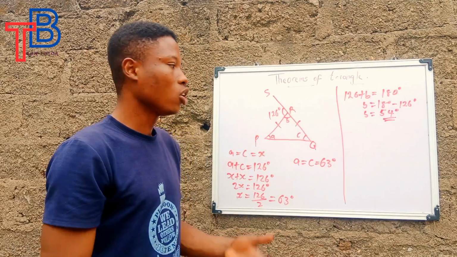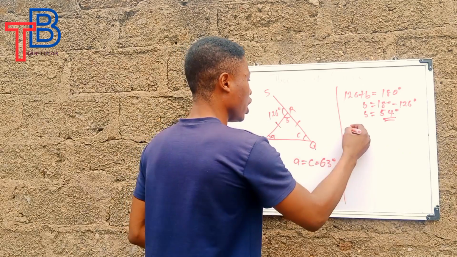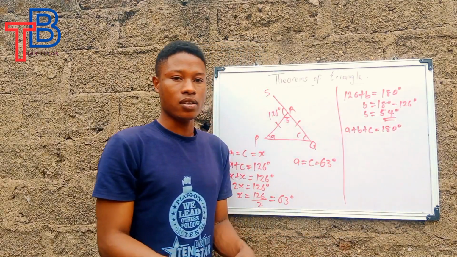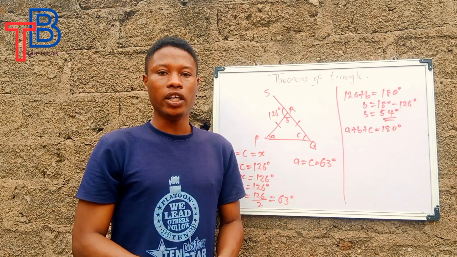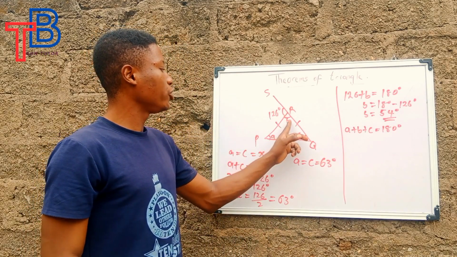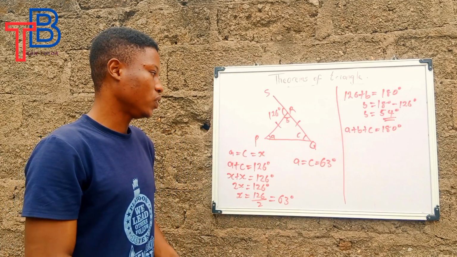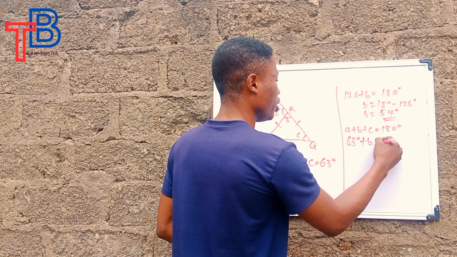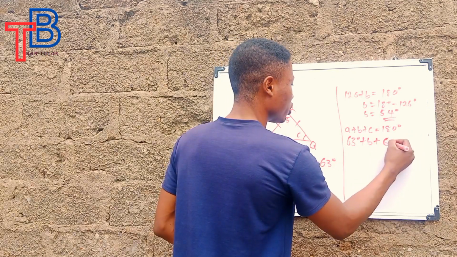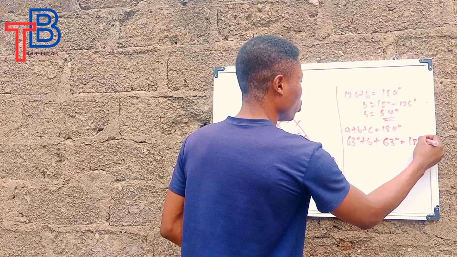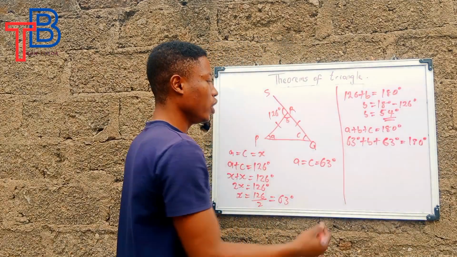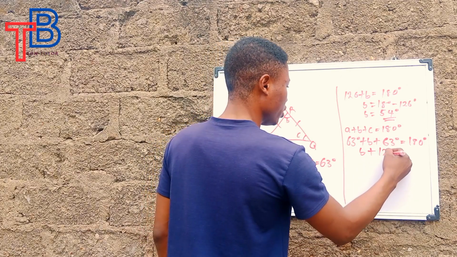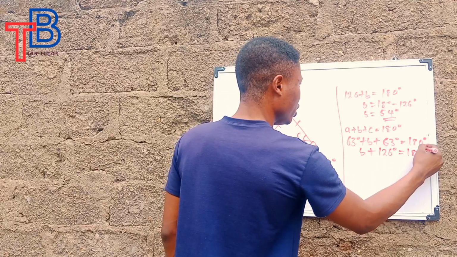You can use that, or you can use your A plus B plus C equals 180 degrees. Yes, sum of angles in a triangle. You have your A plus your B plus your C equals 180 degrees. And recall that your A is 63 degrees, plus your B, and your C also is 63 degrees, and everything equals 180 degrees, which means your B plus 126 degrees equals 180 degrees.